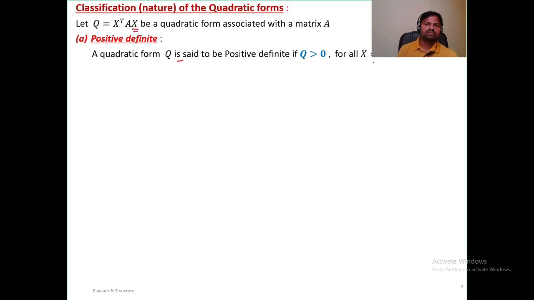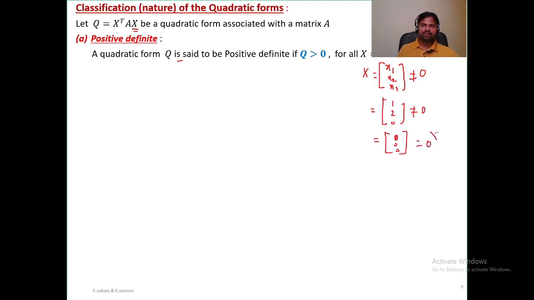X not equal to 0 means what? For example, if it is a 3 by 1 matrix, let us write x1, x2, x3. If this is not equal to 0, it means a non-zero matrix. Not that x1, x2, x3 are all non-zero. Only when all are 0 is this 0.